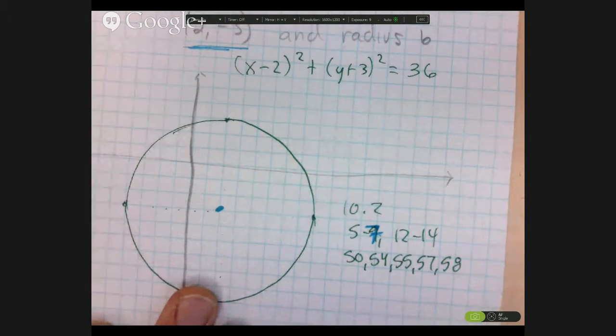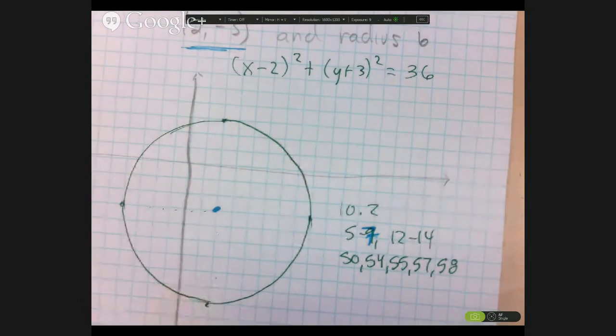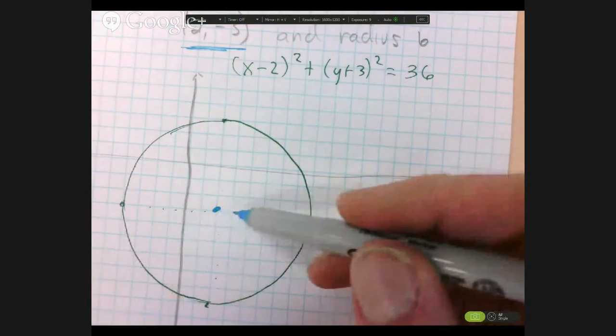Do you remember what a tangent line is? A line that touches the circle once. So where are the tangent lines of this circle? Or where is one?